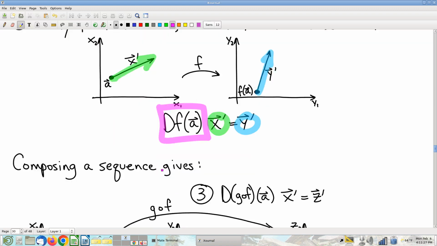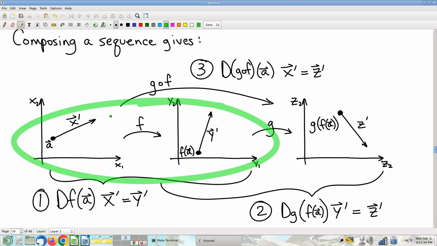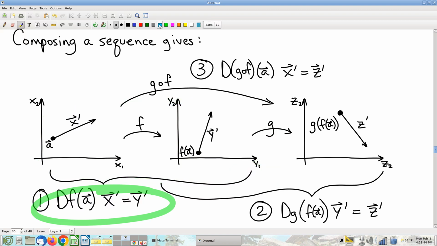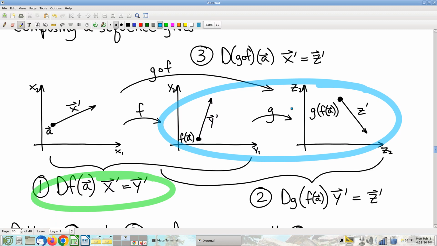Okay, with that point of view, again, let's look at a composition. Here's that point of view applied to F. Derivative multiplies by input velocity to give output velocity. Now let's look at the subsequent function that the first one composes into. Here, Z's are functions of the Y's. And here's that same statement again.